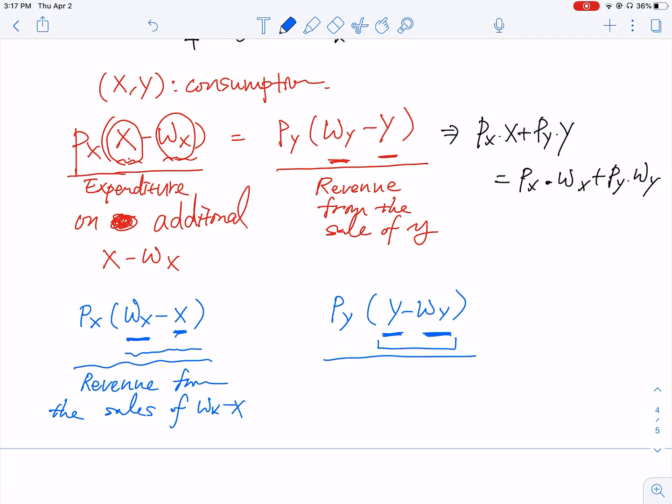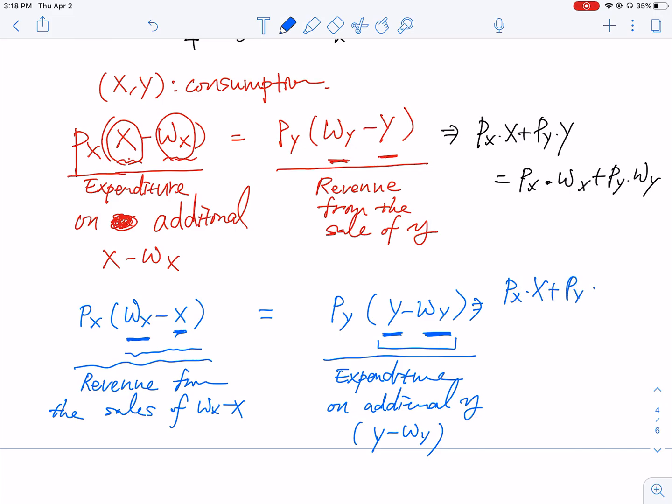Multiplied with the price, that's the expenditure on additional y. The amount is y minus wy, right? So they have to be the same. And if you rewrite it, it comes out exactly the same thing.